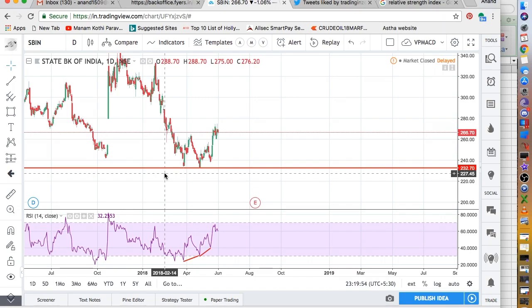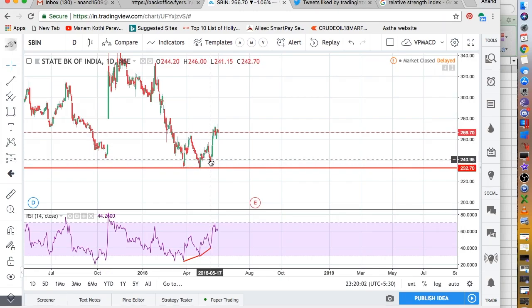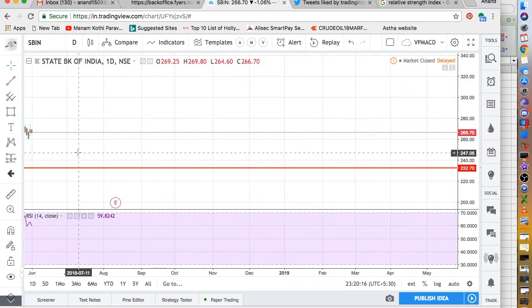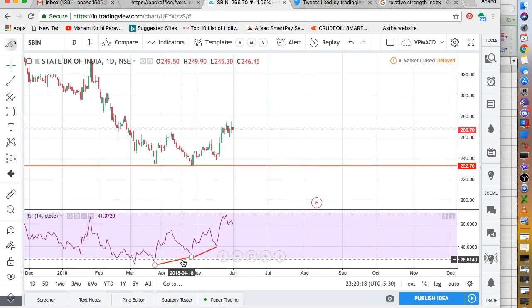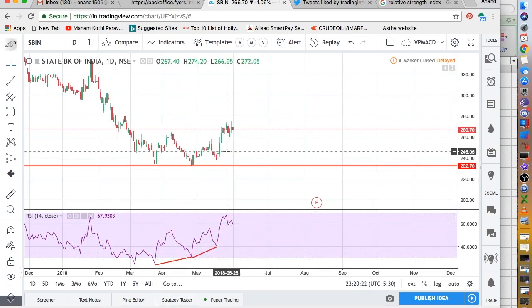So in this situation, we can see that this has yielded very good results. 26th of April, if anyone has put money, or even rather, when it made one more low and RSI gave another divergence to us on the 17th of May, this was still a good investment. So 17th or 18th, if you're putting in your money on SBI because it is closing strongly, RSI is showing it is making lower lows.